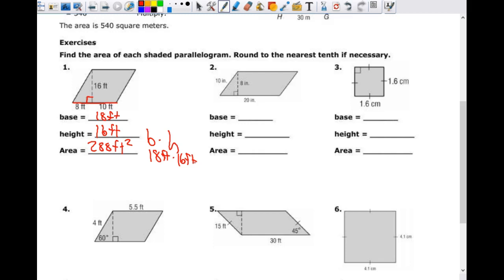Wait, what did you use for area? Base times height. So you did 18 plus 16? Mm-hmm. Mm-hmm.